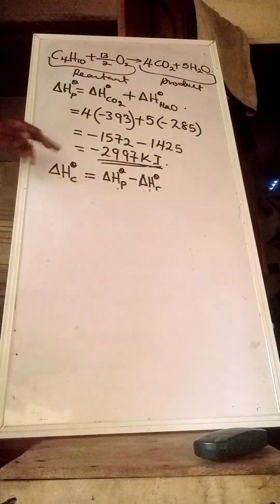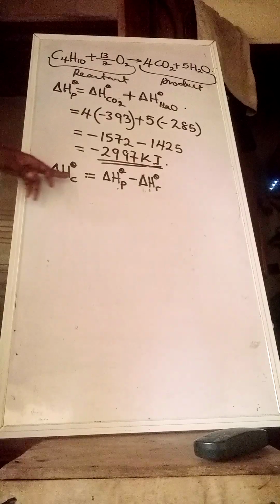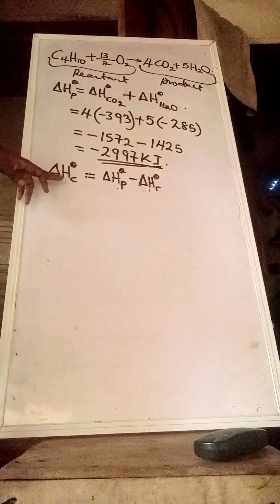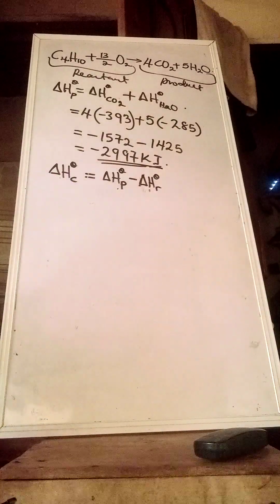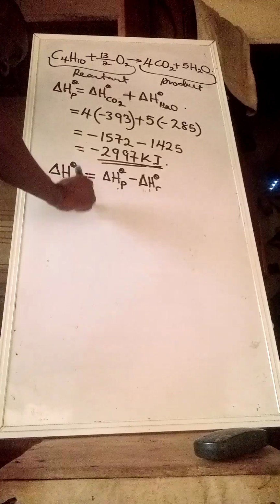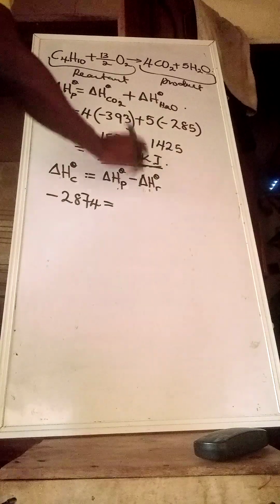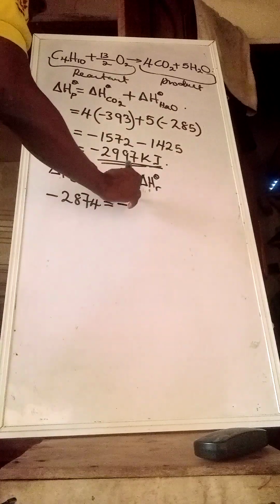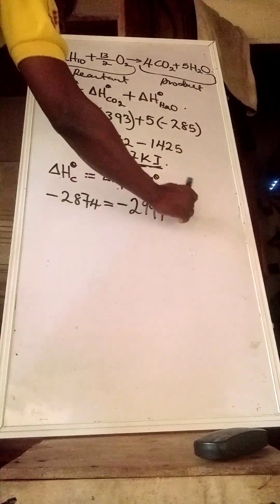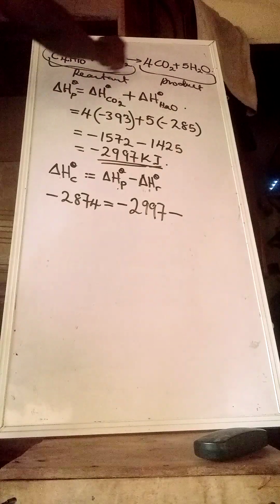Yes, the standard heat of combustion of butane as given in the question is -2,874. So minus 2,874 is equal to, for the product, which is this, minus 2,907. Then minus, how do we now get the reactant? This is the reactant side.